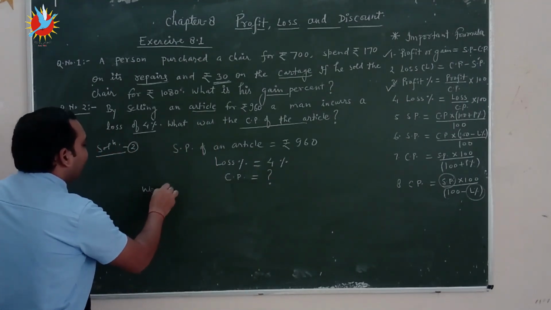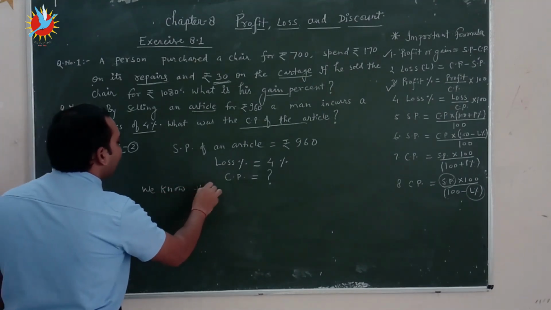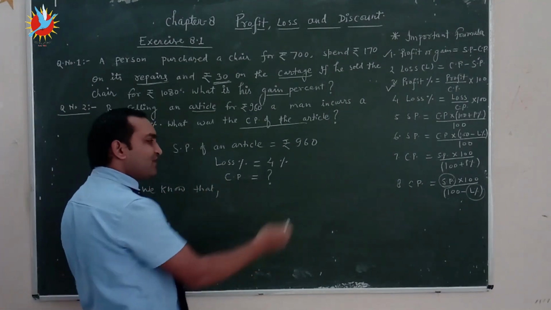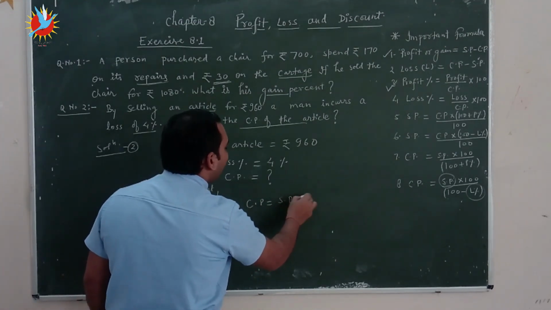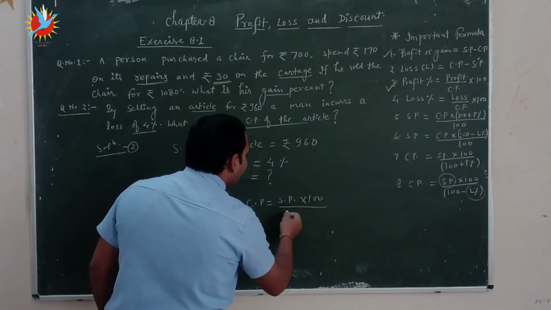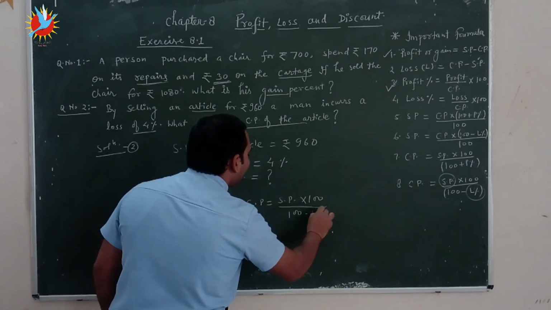We know this formula: cost price is equal to SP into 100 upon 100 minus loss percent.